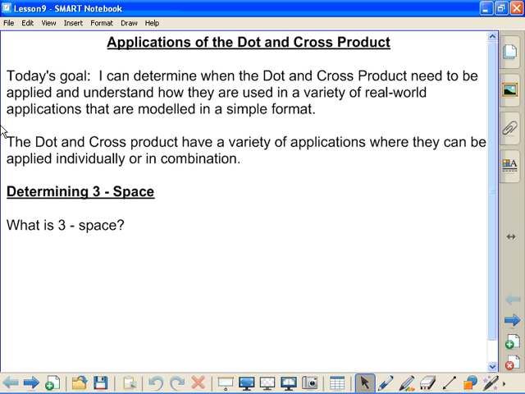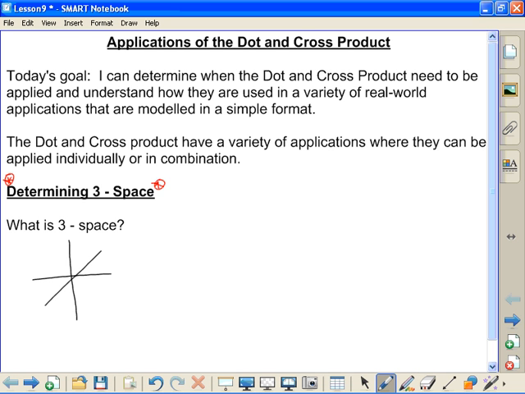But some of them will be carried forward. So the first one, which is very important, and this is something that will go on to Unit 2, so we can't get rid of this one, determining 3-space. So what is 3-space? 3-space is when we have a vector that comes off one of our planes, the way we had it drawn before.